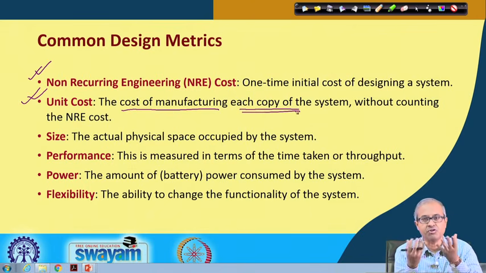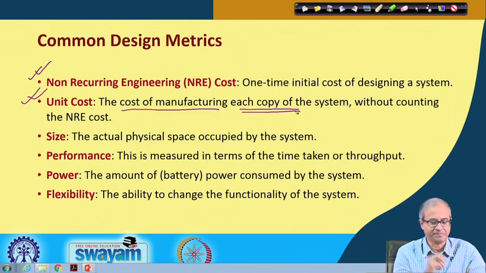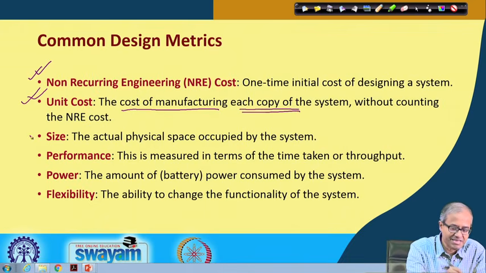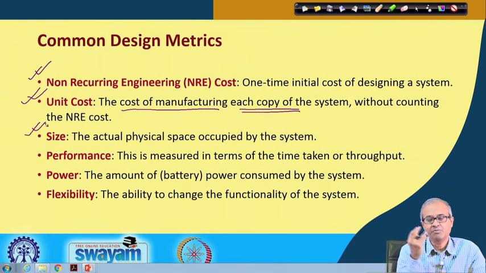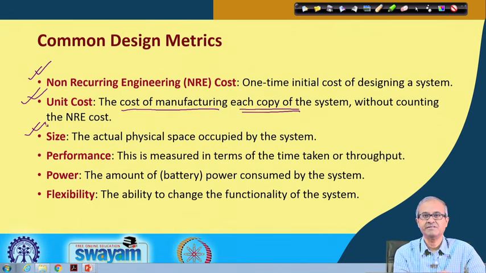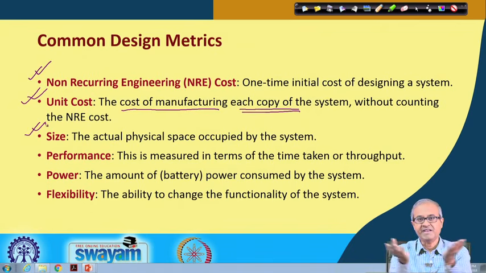Now, unit cost will also consider the cost of the raw materials, labor cost, and so on and so forth, right. Size is an important parameter, I talked about earlier. Most embedded systems need to conform to a very small form factor, so that it can fit nicely inside the environment for which it is meant. Okay.